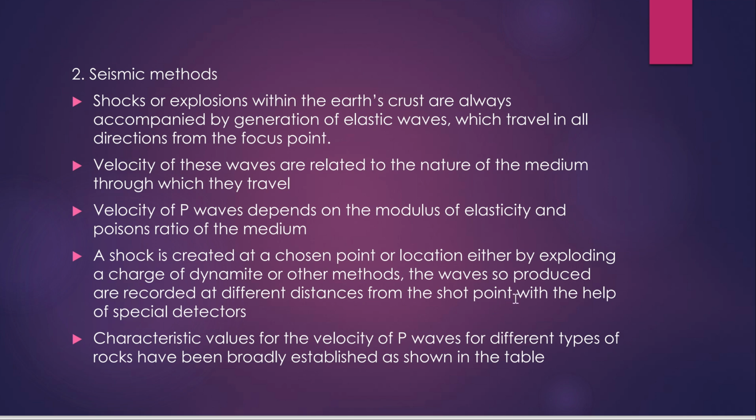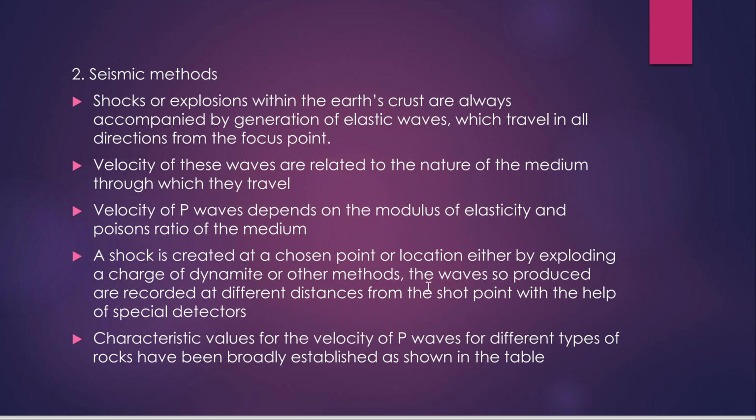So we are creating a small artificial earthquake using an explosion of dynamite or any other method. The waves propagated as part of this explosion are recorded using special detectors, and the velocity of these waves is related to the medium.